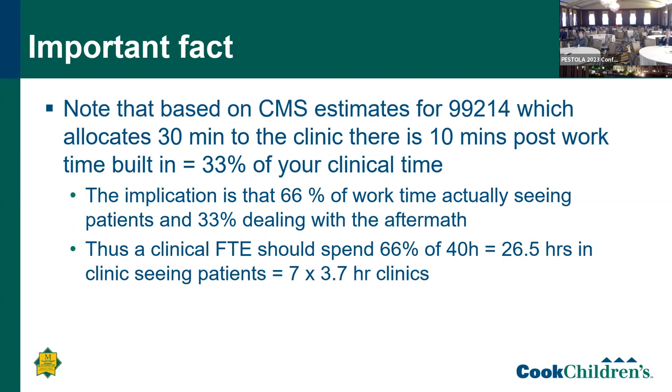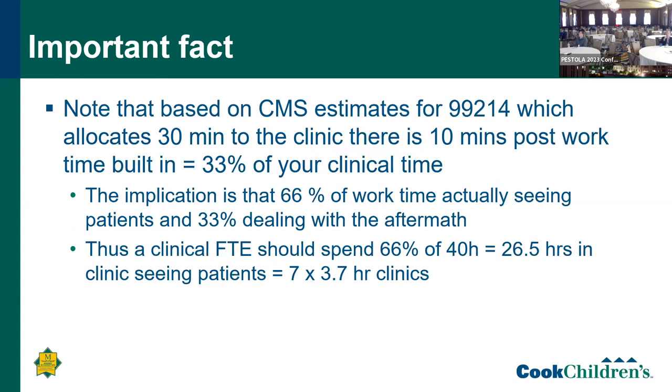If you do the calculations, for every 30 minutes of seeing patients, they have assigned us 10 minutes to work afterwards. That's 33% of the time, which really means that 66% of your time is seeing patients and 33% is dealing with the aftermath. That gets you to 100%.